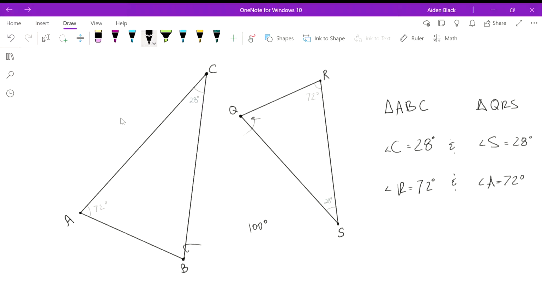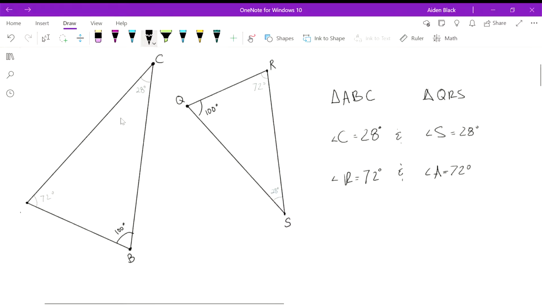Between 72 and 28. So both of these angles are 100 degrees. And we know that when all three angles of a triangle are congruent, then they're similar triangles. So we say triangle ABC is similar to QRS.